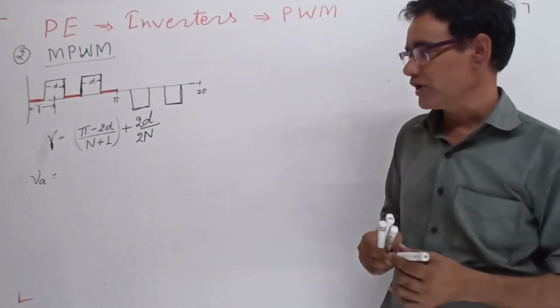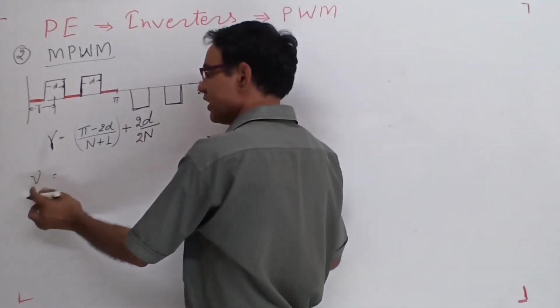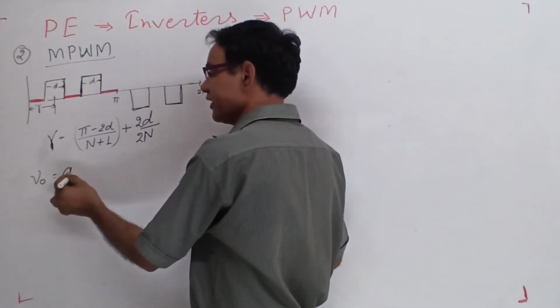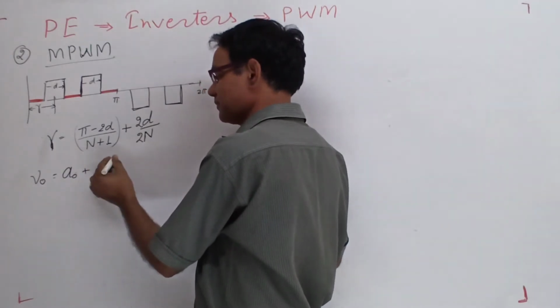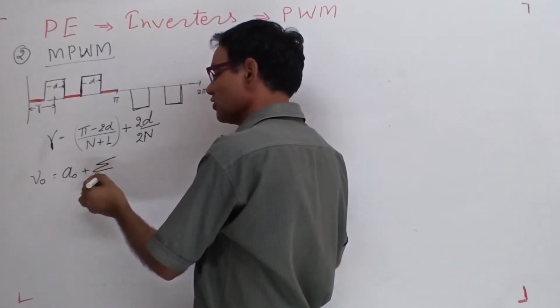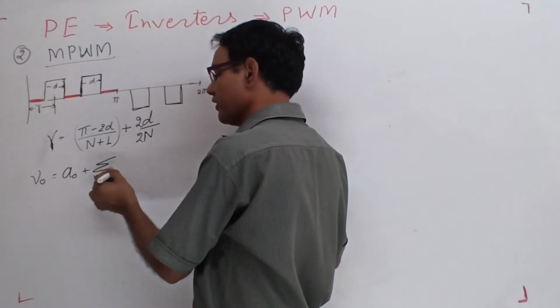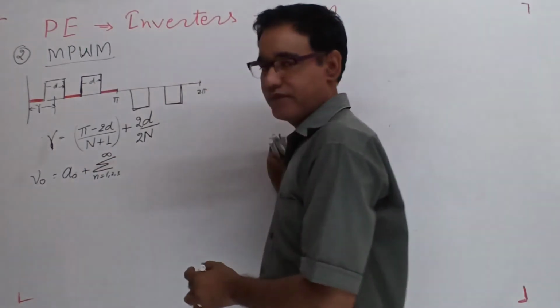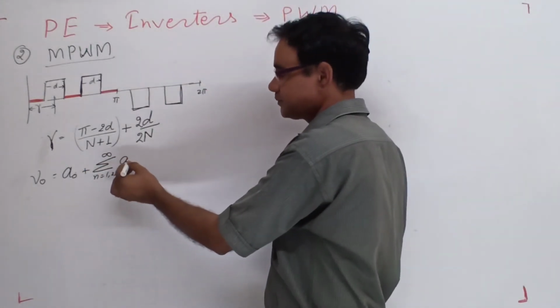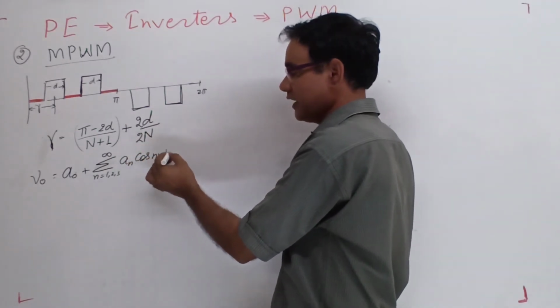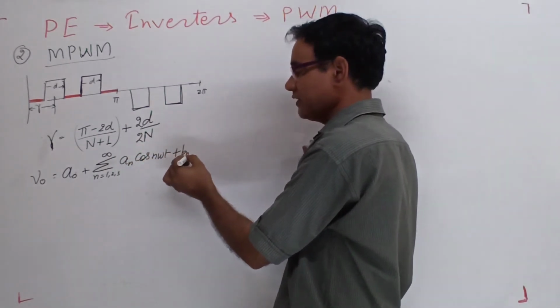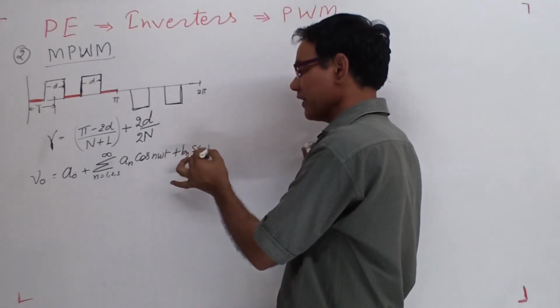So the output voltage equals A naught plus the summation from n equals 1, 2, 3 to infinity of an cos of n omega t plus bn sin of n omega t.